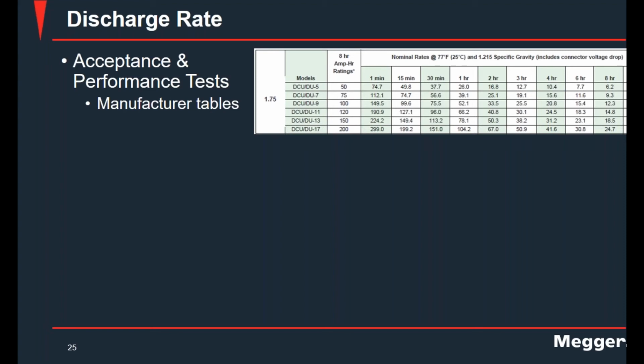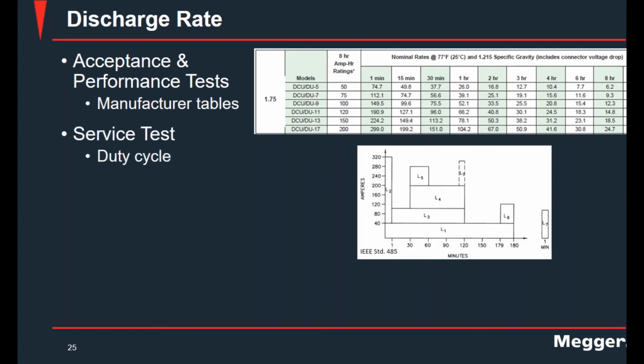Going back to what discharge rate to select, if it is a service test, then you have to mimic the duty cycle, and if the battery doesn't reach the expected time, the stop point is going to be that minimum voltage dictated by the battery manufacturer.